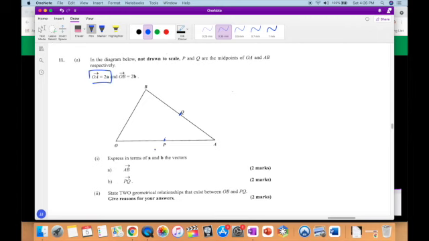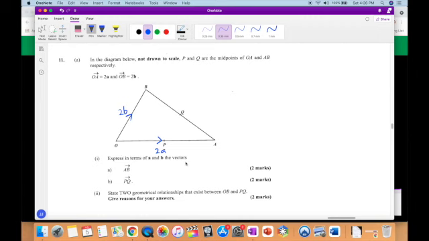So OA is 2A, right? And OB is written as the vector 2B. So OB is on this side. This is 2B. This is 2A. This is 2B, right? OB. So OA, remember, is going in this direction, and OB is going in this direction.